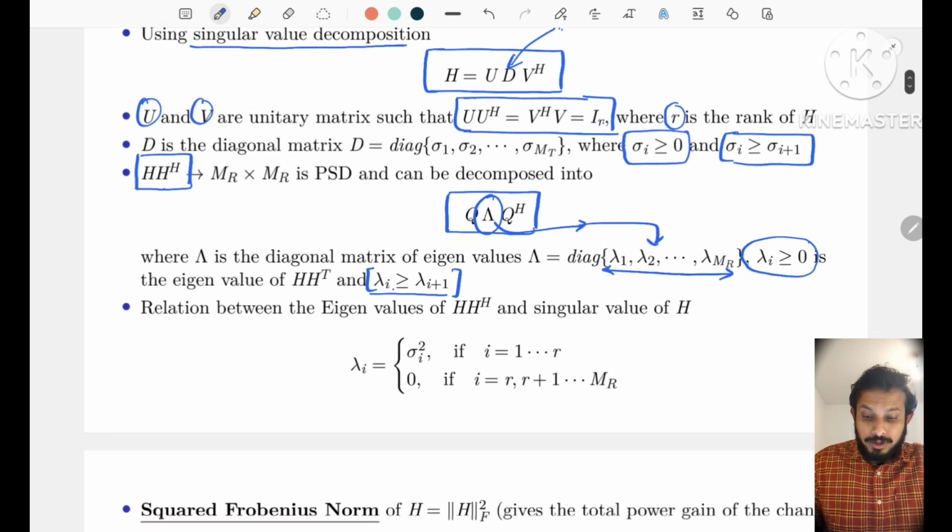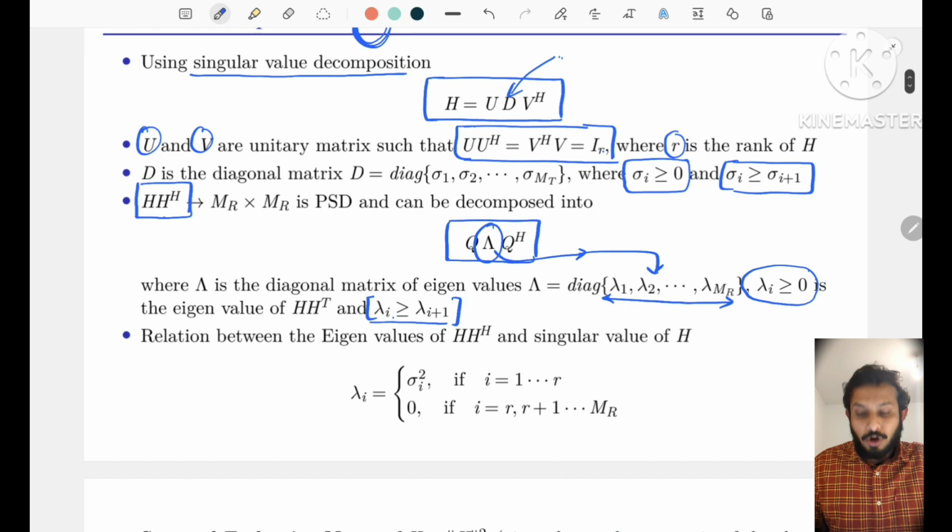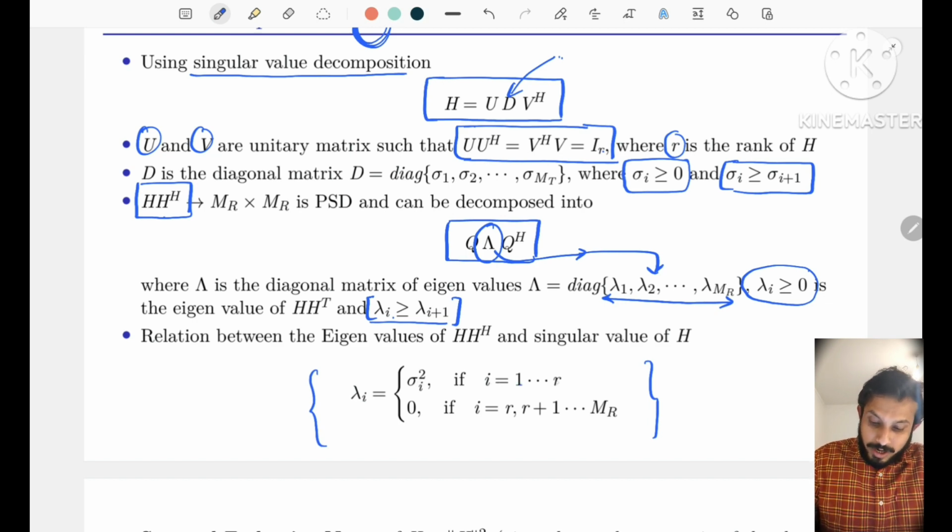Whether you compute the singular values of H or the eigenvalues of H H Hermitian, they are related to each other in this particular way: lambda_i is equal to sigma_i squared, where i goes from 1 to R, the rank of the matrix, and for i greater than the rank of the matrix, it will be equal to 0.